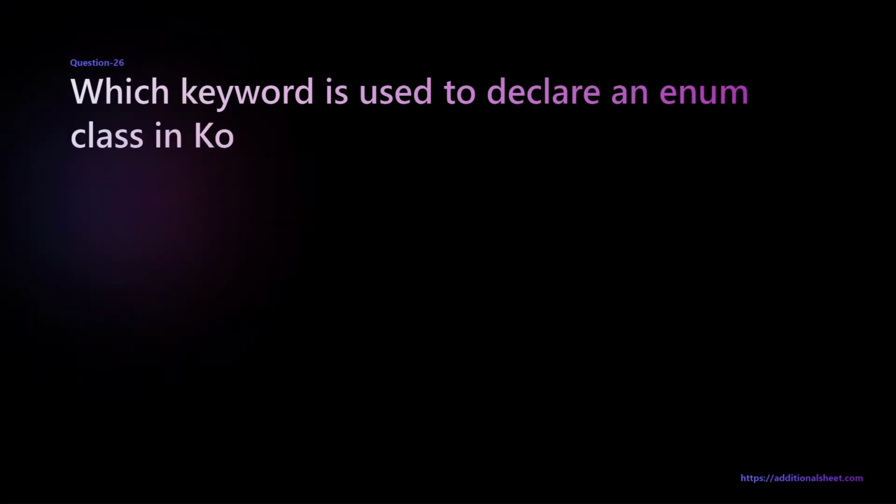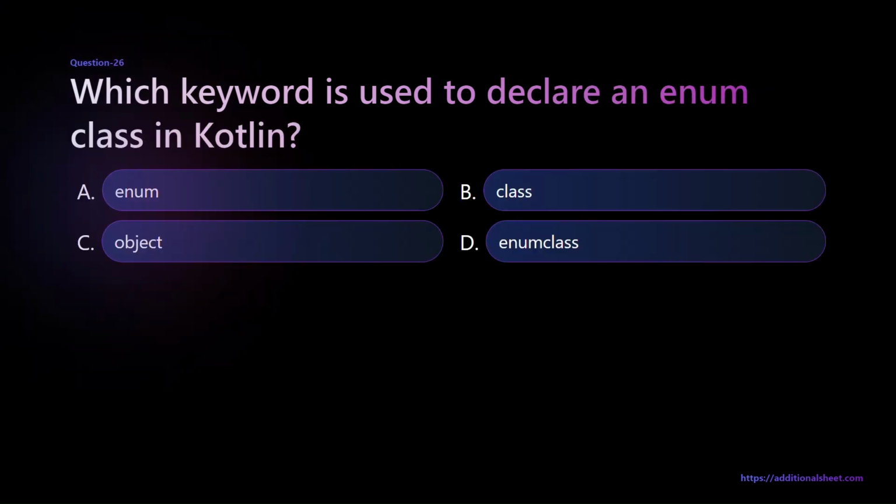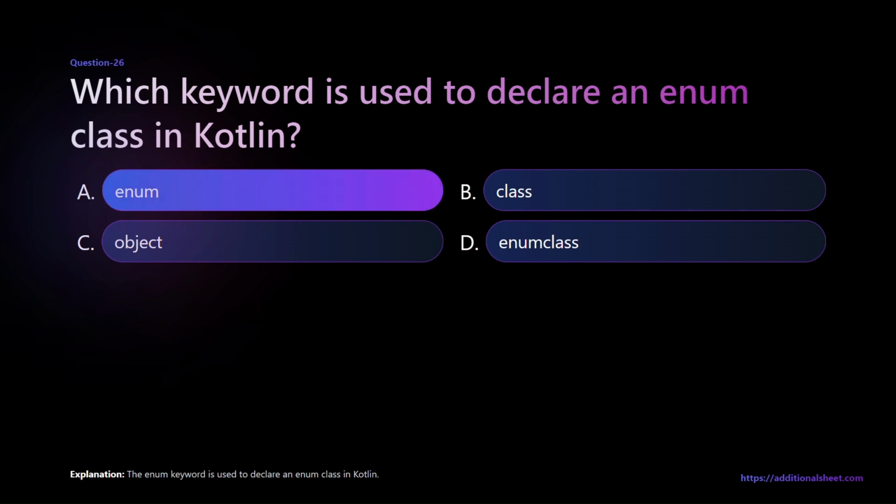Which keyword is used to declare an enum class in Kotlin? Option A, enum. Option B, class. Option C, object. Option D, enum class. The correct answer is option A, enum.